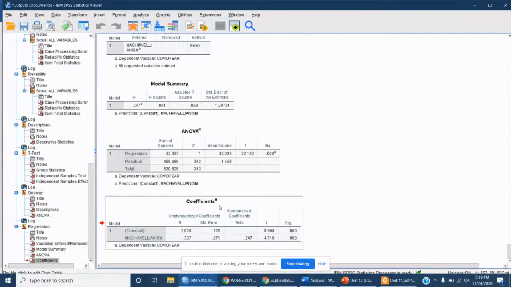The significance column in the coefficients table will tell me whether the relationship is significant or not, whether my hypothesis is accepted or not. Whether the relationship is positive or negative will be represented by the beta value, the standardized coefficient value in my coefficients table. If this value is positive, IV has a positive relationship with DV.